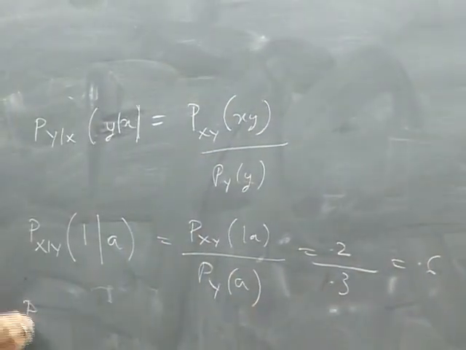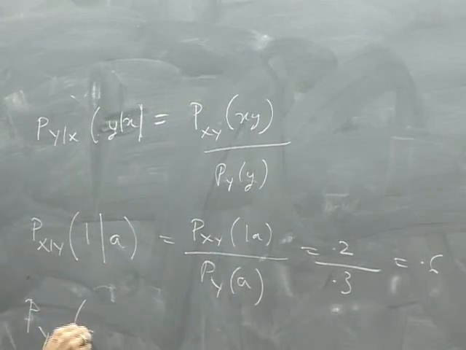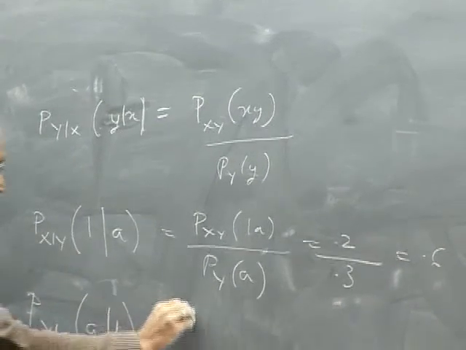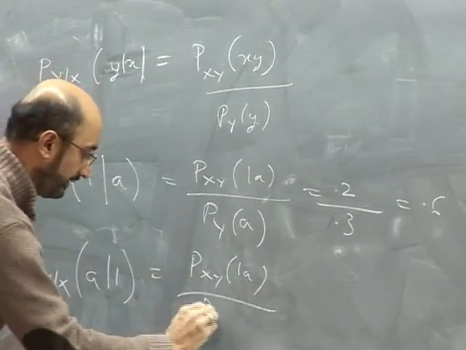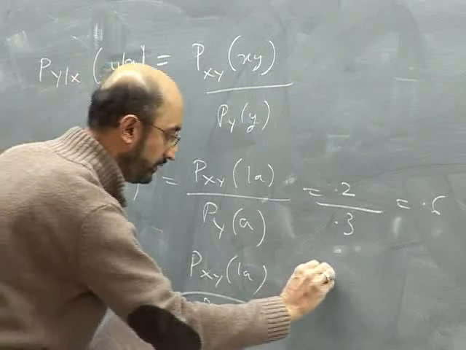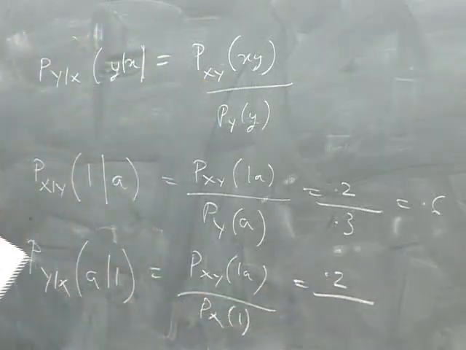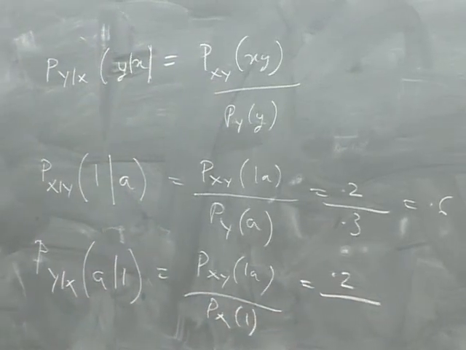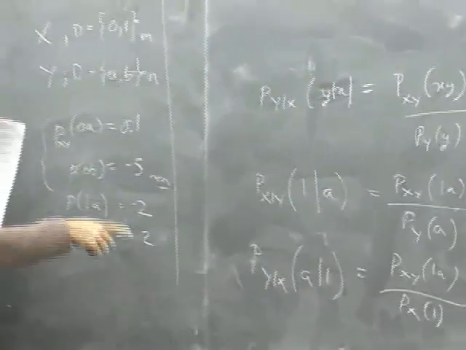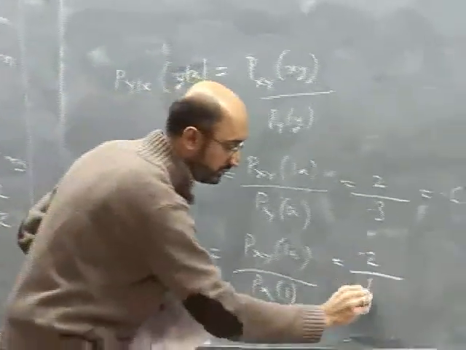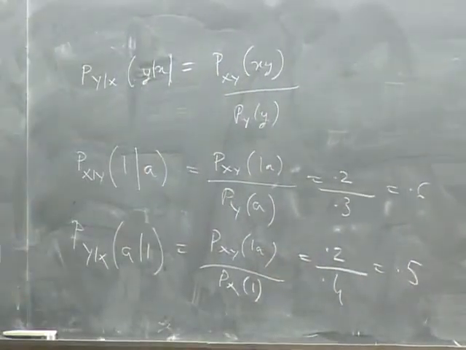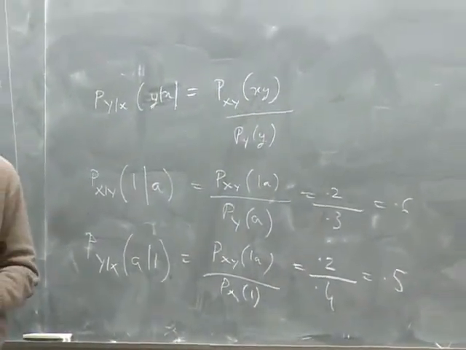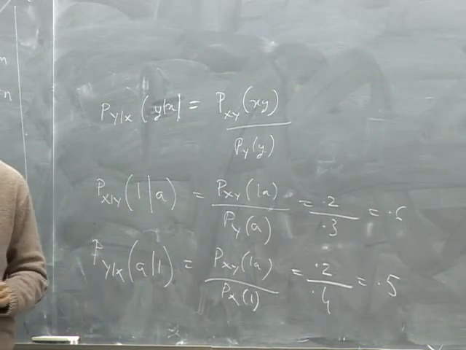And then p y given x of a given 1 is going to be p x y of 1a over p x of 1. This is going to be 0.2 again, divided by, what's the probability x is 1? Well, that is going to be 0.4. So it goes to 0.5. Okay, and so those are the answers for the homework problem.